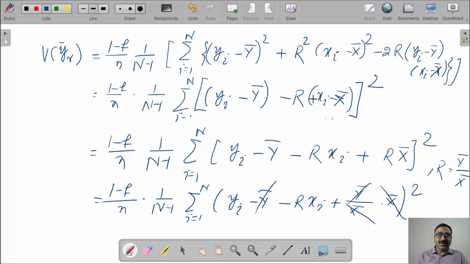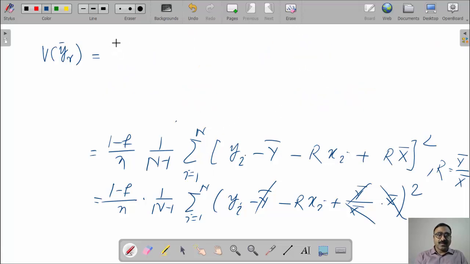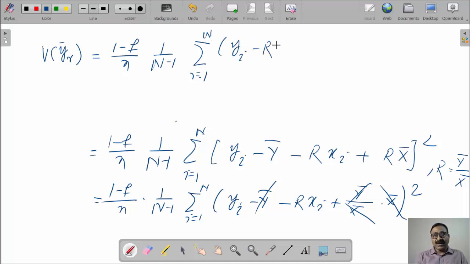So this will be equal to (1 minus f) by n, 1 by (n minus 1) summation i equal to 1 to n (yi minus R xi) whole square. So this is easy to calculate.